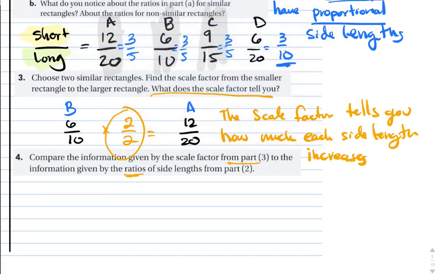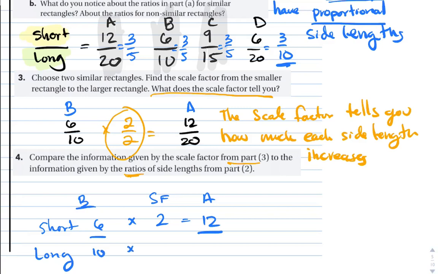So we go from B to A, and then we have short 6 times scale factor 2 equals 12, over long, which is 10 times 2 equals 20. So it kind of ends up being the same thing.